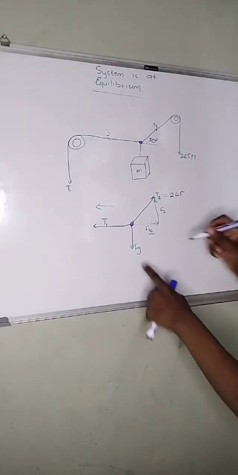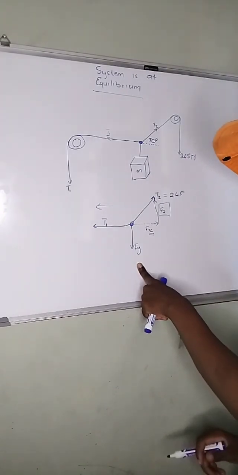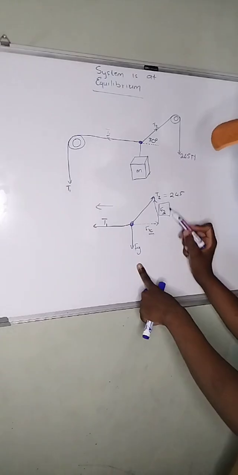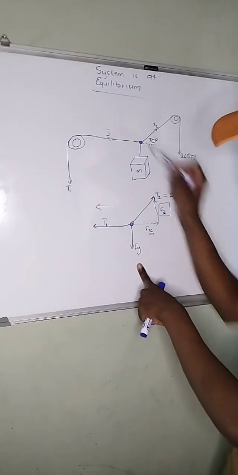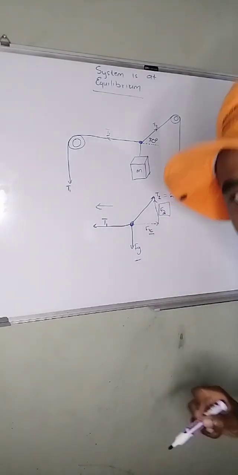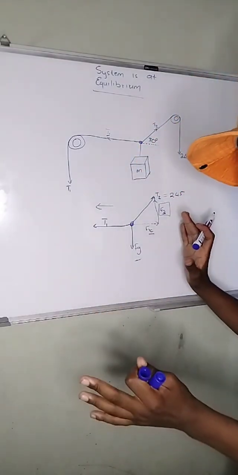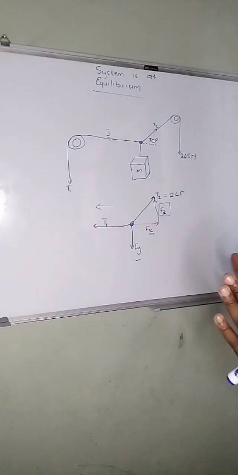Fg is going to be the force that balances this Fy. The only force that goes upwards is Fy, but the system is not moving. It means this point is balanced by Fg. I hope you understand the concept of this, guys.